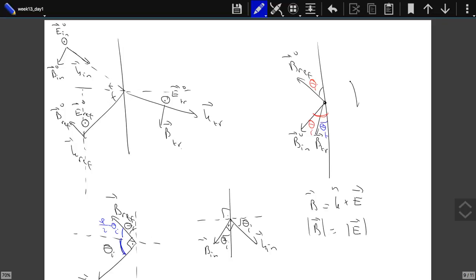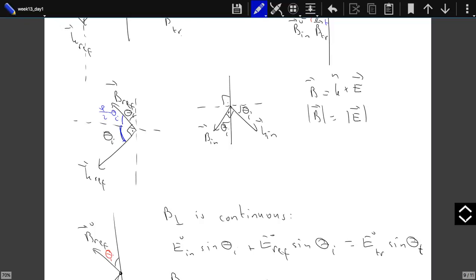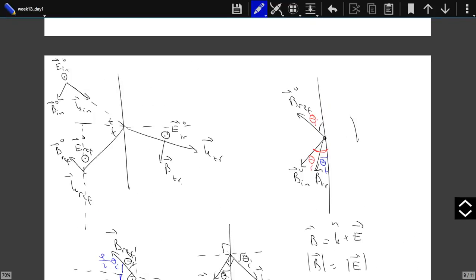So that angle, I mean, of course theta transmitted is related to theta incident, but that angle is related only with theta transmitted. So the identification of the angles is also correct. This angle? Yes. Oh, why do you care?